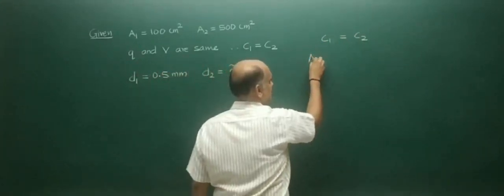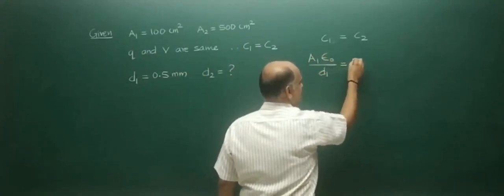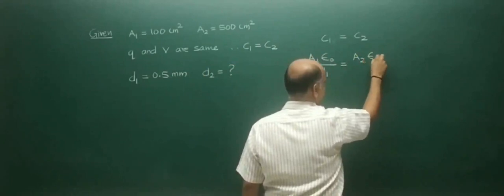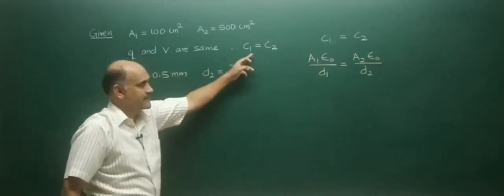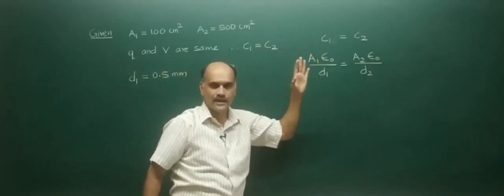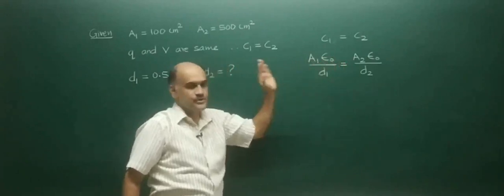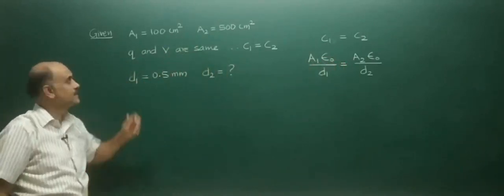C1 will be A1 epsilon naught divided by D1, and this will be A2 epsilon naught divided by D2, because C1 is equal to C2. I used the A epsilon naught by d formula. Substitute the values of A and d; on both sides epsilon naught gets cancelled.